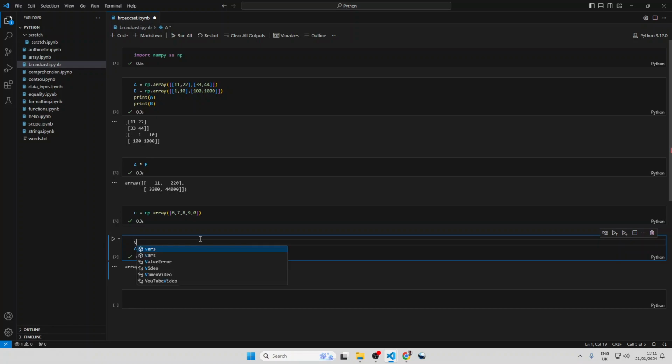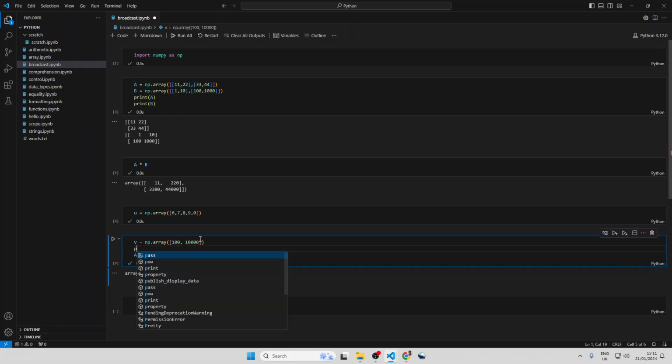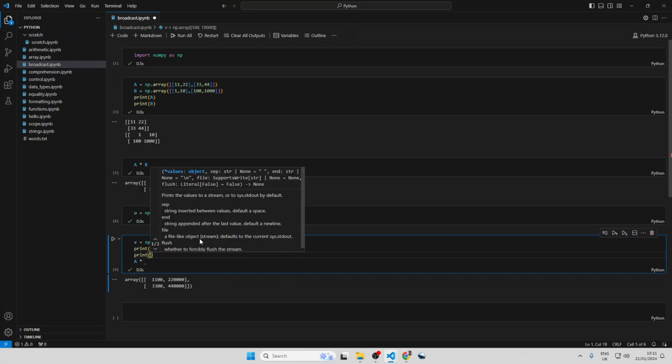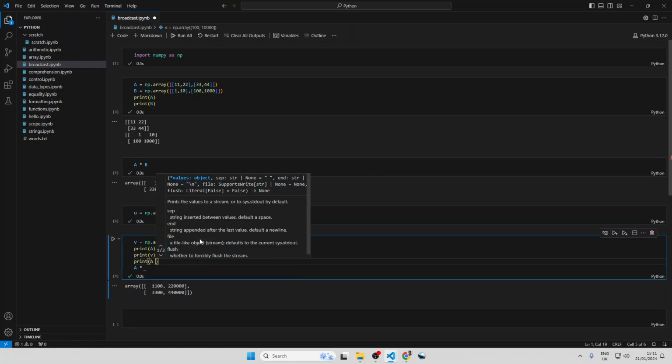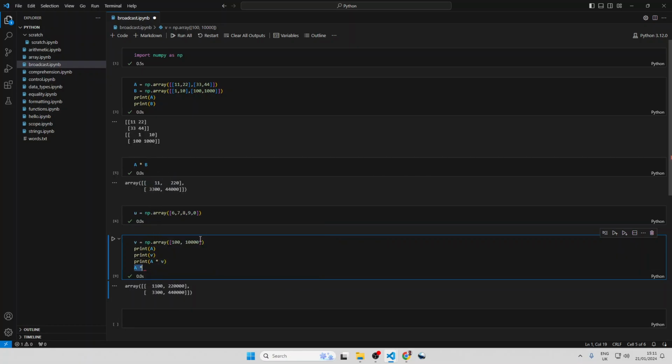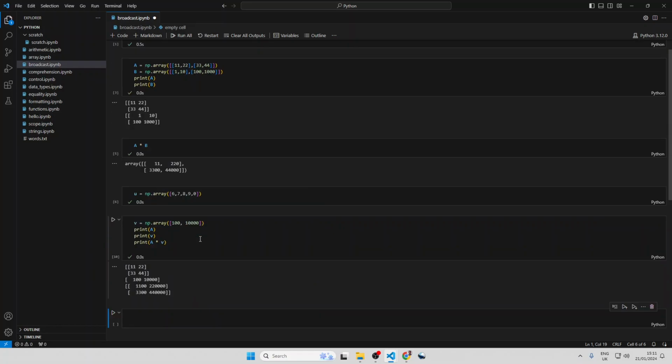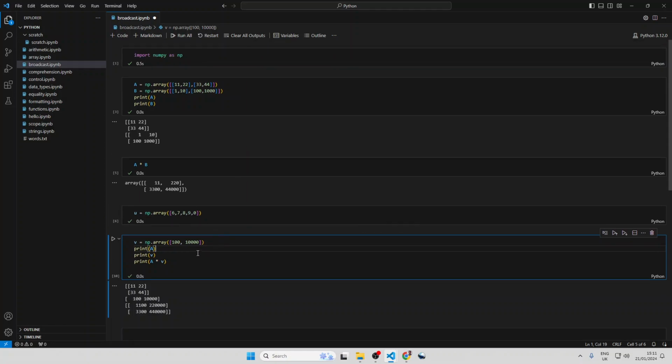Let's call this one V. So here's our V and here's our A. A is a matrix like this, and V is a vector like so.